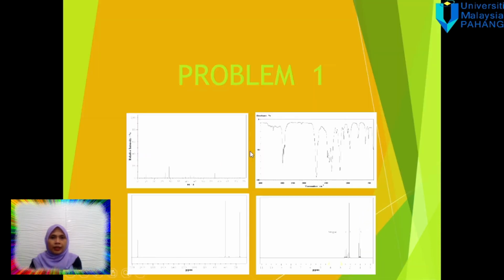Next part, we see the problems in detail. Given spectroscopy data like this, this is the mass, the MS data, this is the FTIR data, this is the carbon-13, and this is the proton NMR. The question asks, based on this raw spectroscopy data, how to elucidate the structure.